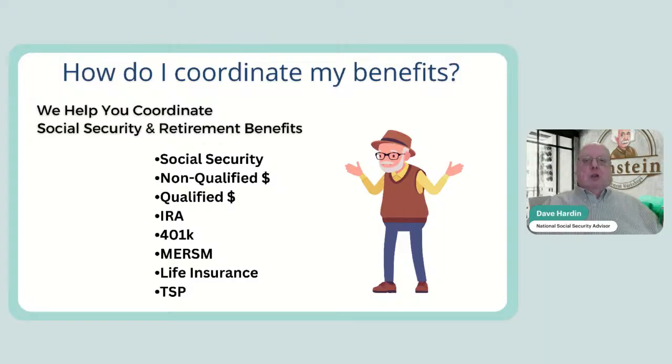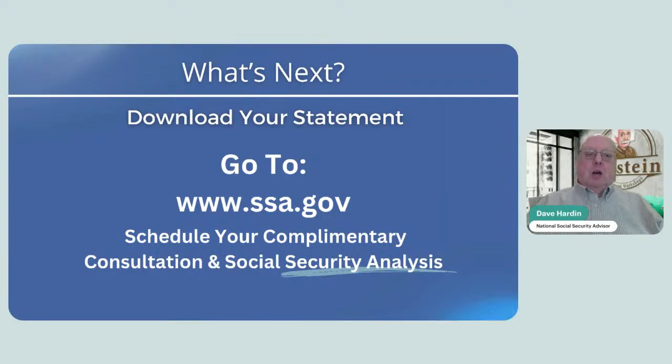A written plan is so important, but more importantly, if your plan doesn't include Social Security, it doesn't include taxes, it doesn't include qualified, non qualified benefits, IRAs, 401ks, pension plans, life insurance, TSPs, any asset that you intend to use or have available to use during retirement, then it's really not a plan. That's what everybody needs.